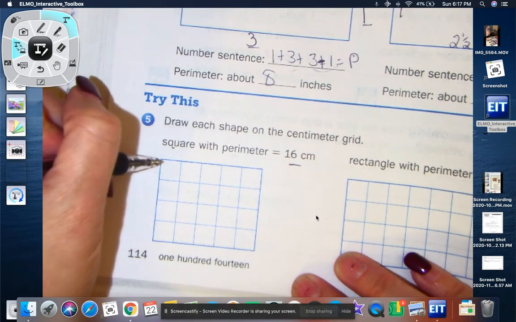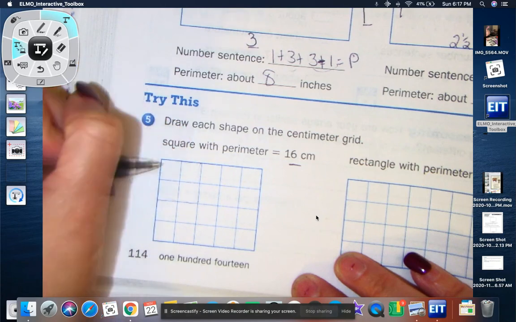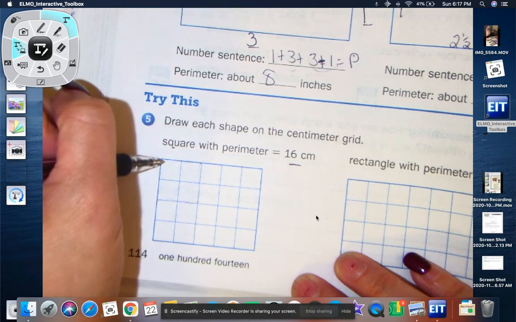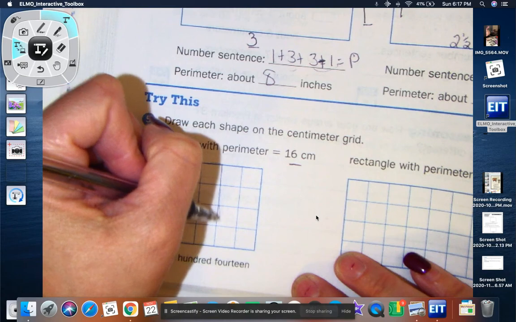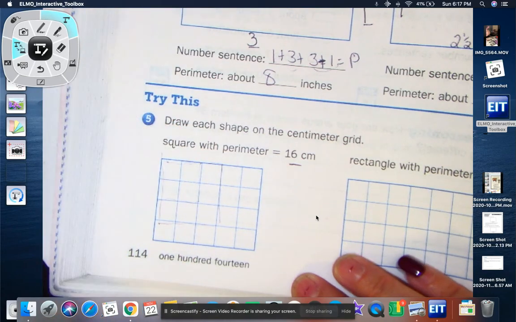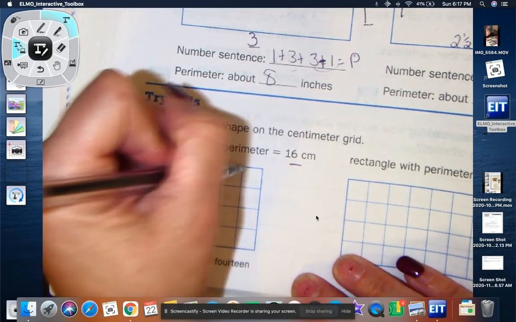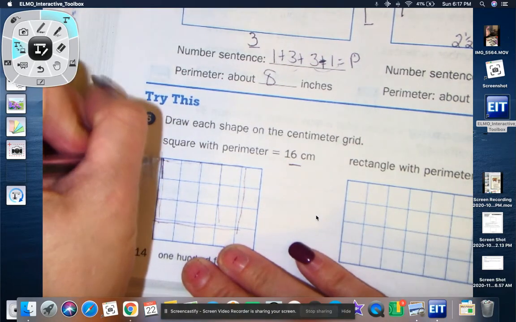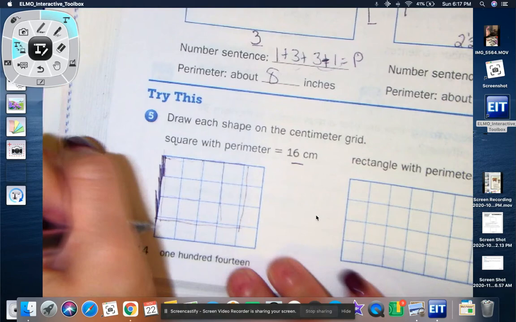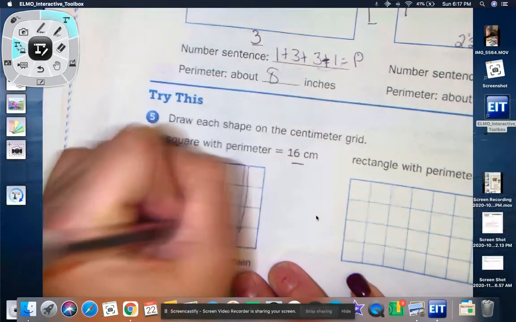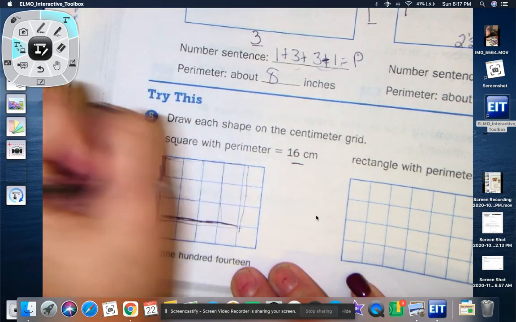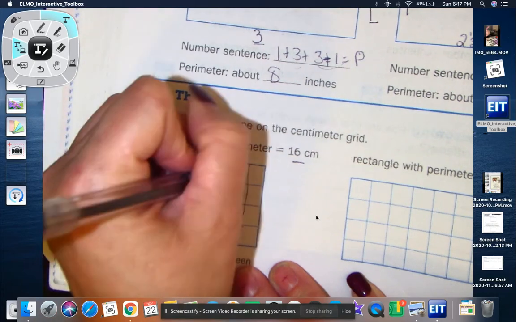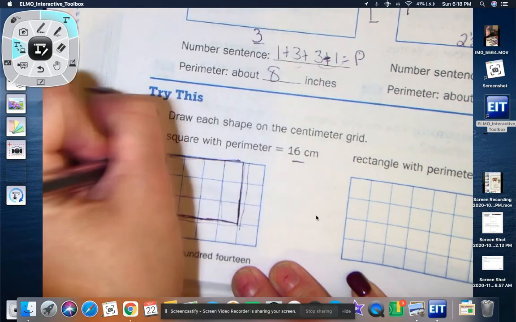So if I drew a 2 by 2, that's only 4. If I drew a 3 by 3, that's only 9. But if I draw a 4 by 4 square, that is going to be 16. So my square to have a perimeter of 16 will be a 4 by 4.